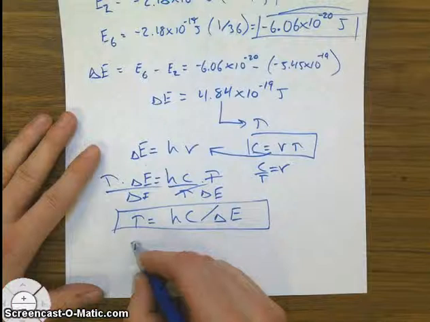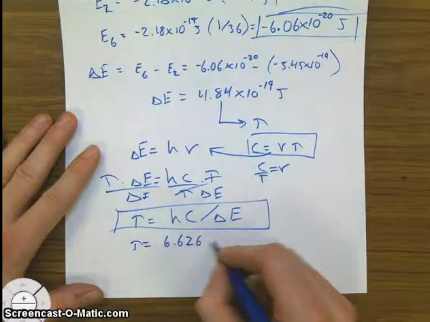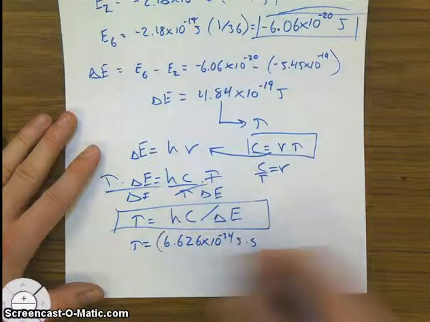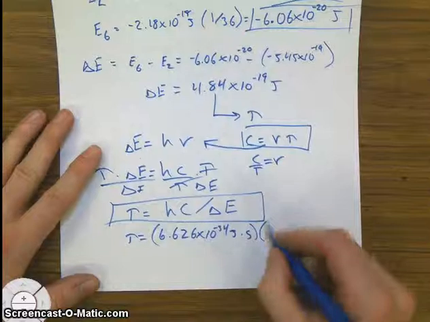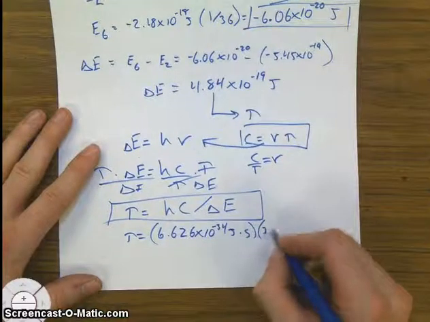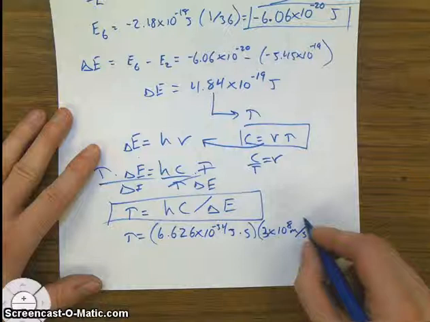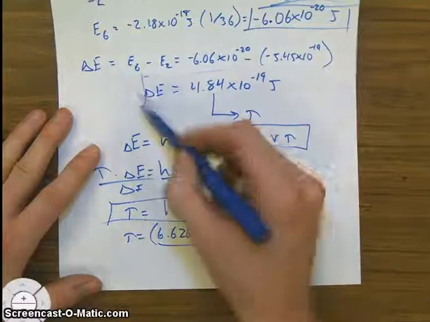So lambda is going to equal 6.626 times 10 to the negative 34th joule seconds times the speed of light, which is 3 times 10 to the 8th meters per second, divided by the energy in this problem. Well, what's the energy? It's this up here.